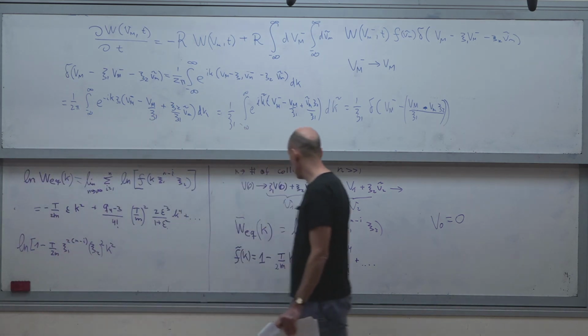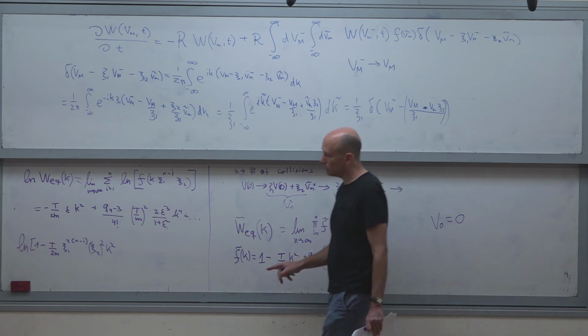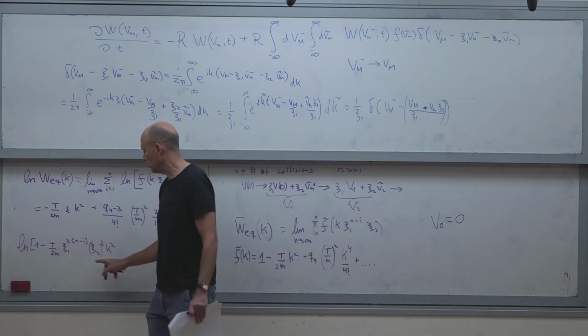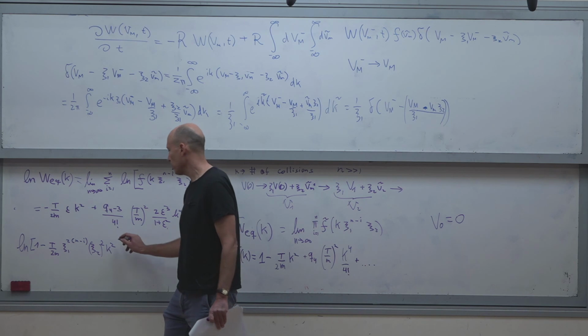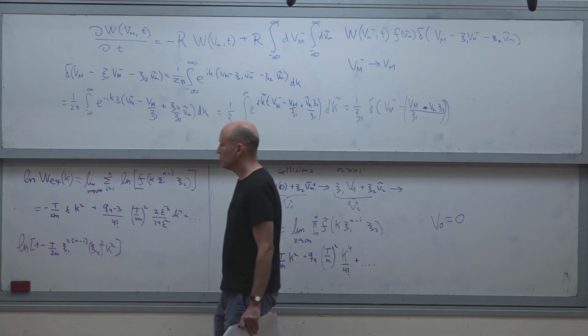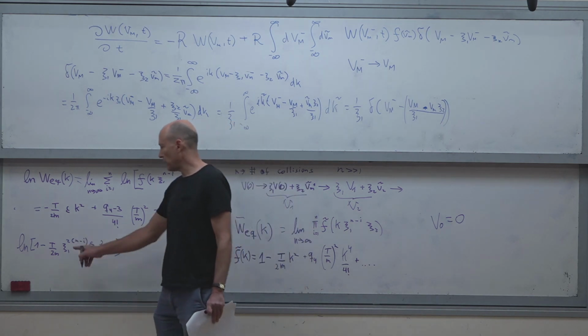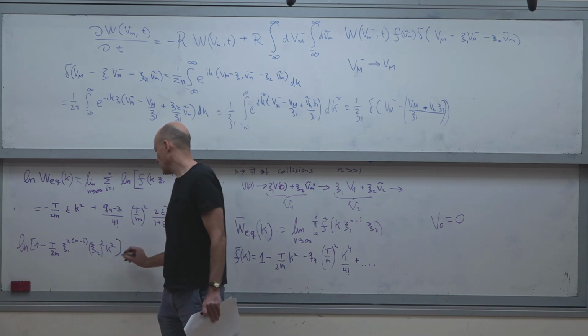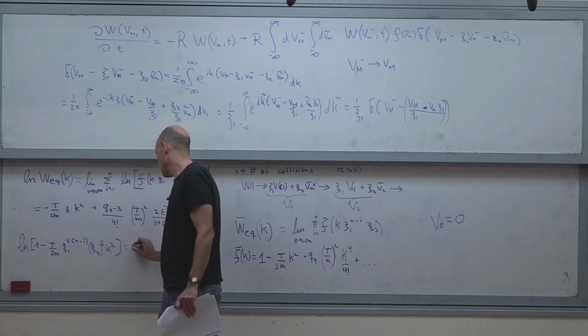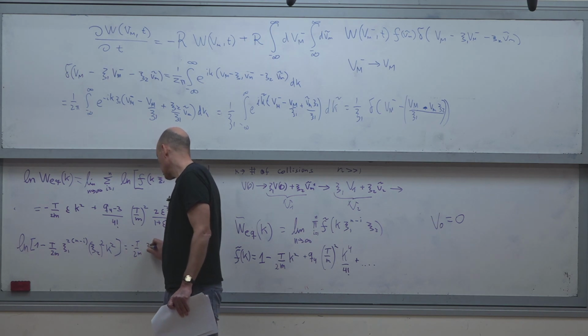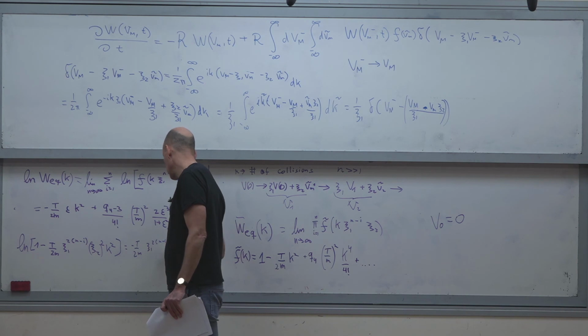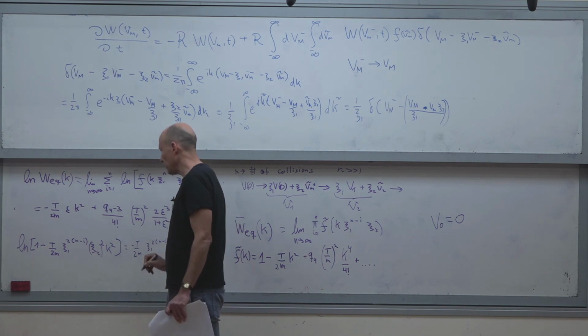I simply took this expression, and you have k squared. That's why I have psi1 to the power 2, psi2, etc. Now, I expand it. This is giving you minus t over 2m psi1 to power 2 n minus i, psi2 to the power 2, k squared.